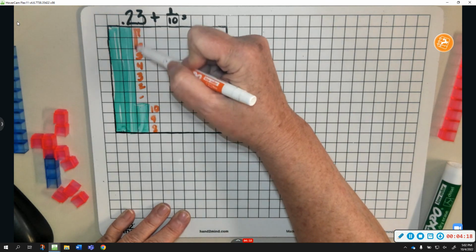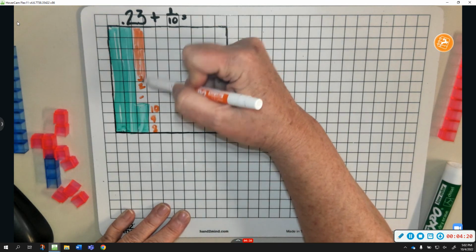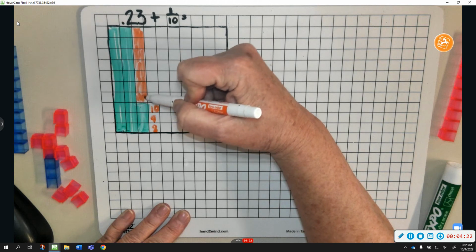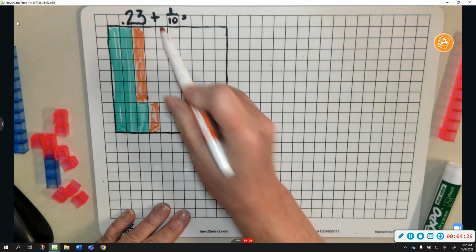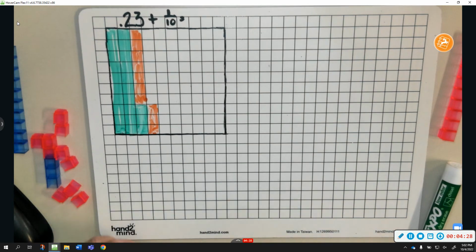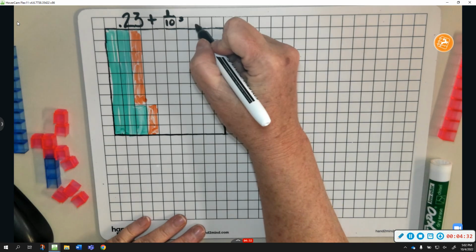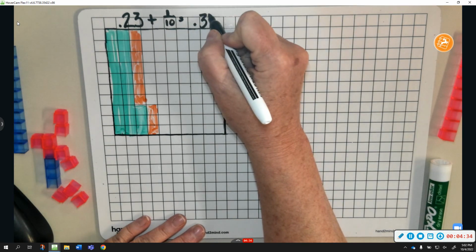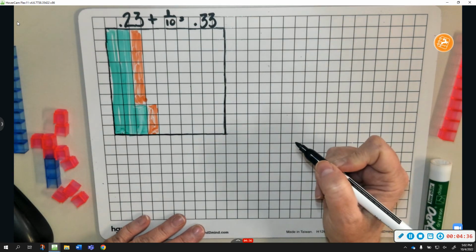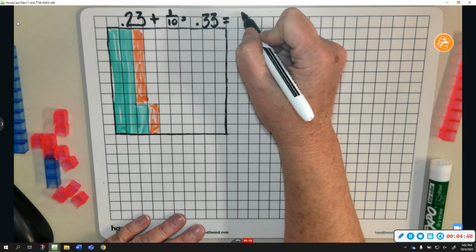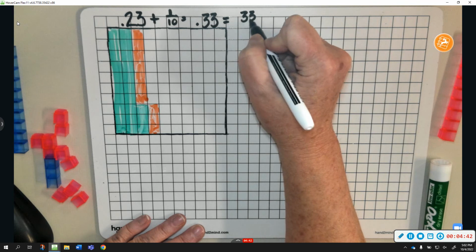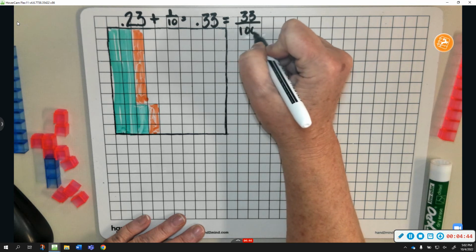So now I'm just going to shade these right here. And that is how we would model this. And again, that would equal 33 hundredths.